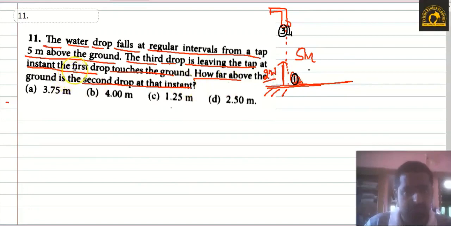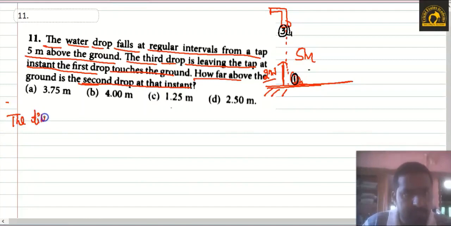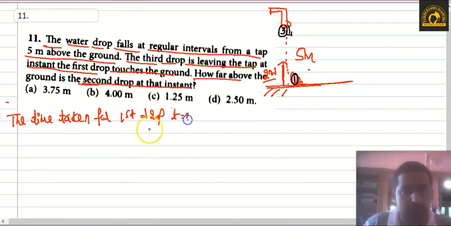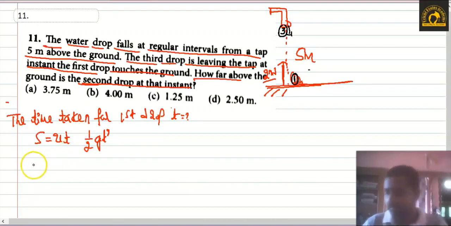First, what is the time taken for the first drop? We know that S is equal to UT plus half AT square. AT square means GT square, with a minus sign.